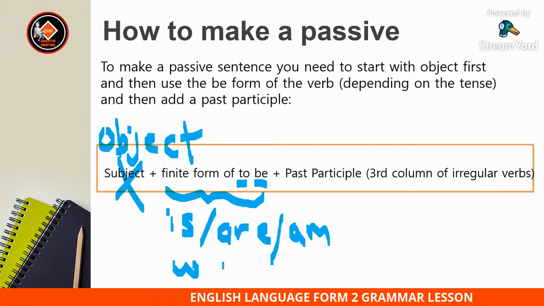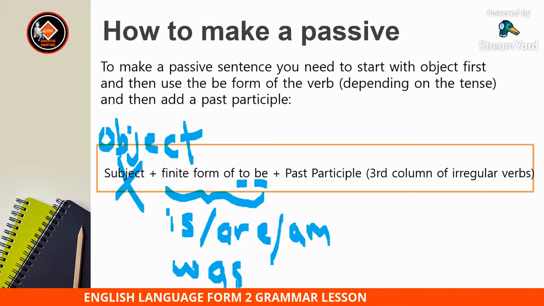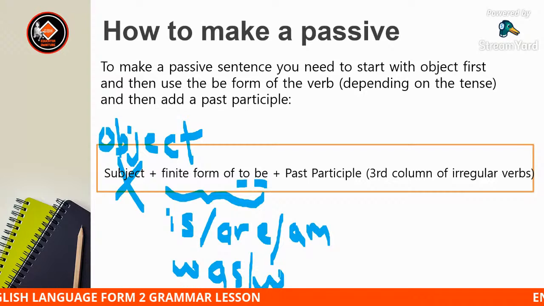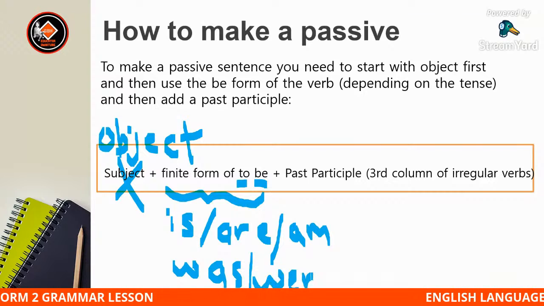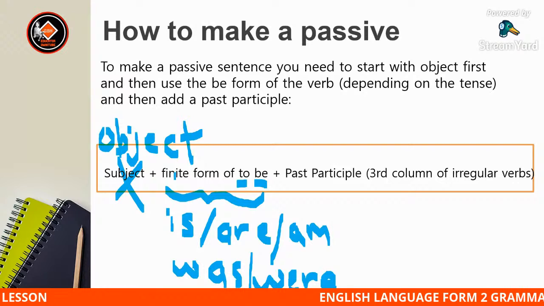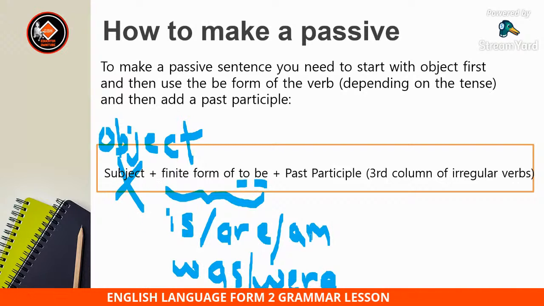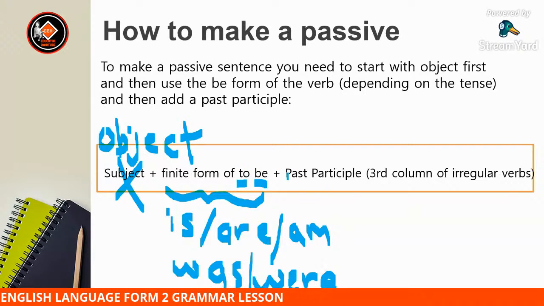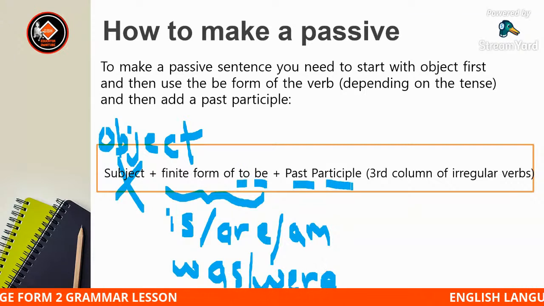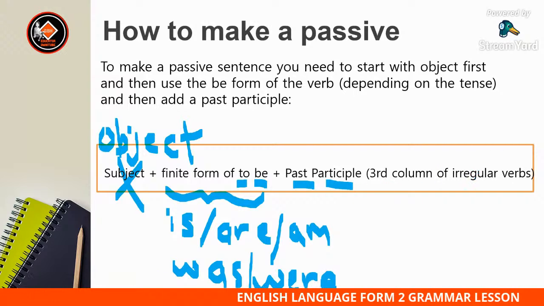Past tense you have was or were. This is called the verb to be. So object plus the verb to be, is, are, am, or was, were, and then plus your past participle. Past participle is the third column of the irregular verbs.